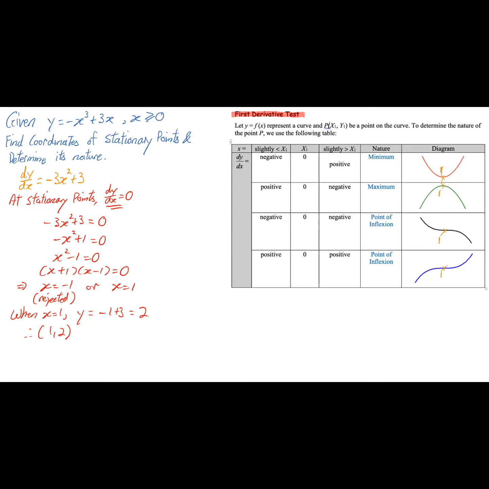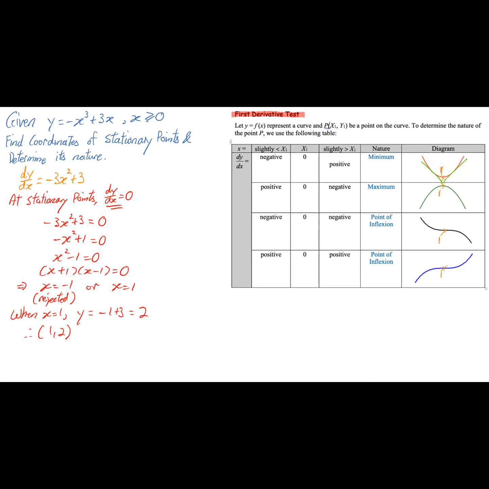If we substitute a value slightly smaller than 1, that means slightly to the left-hand side, we will have a negative gradient. If we substitute a point slightly to the right, we will have a positive gradient. So for a value of 1, we can substitute a point slightly to the left, can be 0.9, and a point slightly to the right will be 1.1.